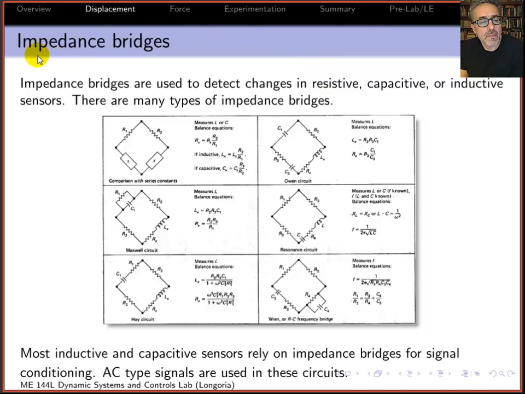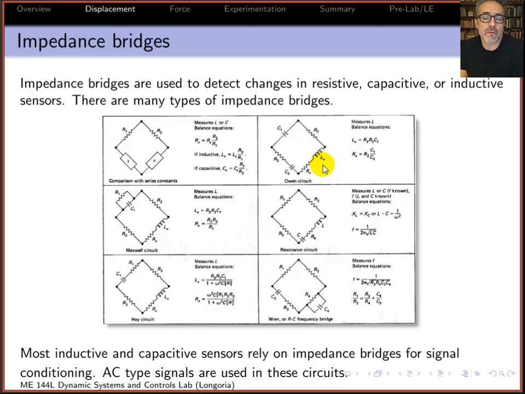As I mentioned, impedance bridges are a more general case, and they are used in a lot of different types of sensor signal conditioning circuits. Just the way we use a Wheatstone bridge to detect changes in resistance, we use impedance bridges to, say, measure and detect changes in inductors.